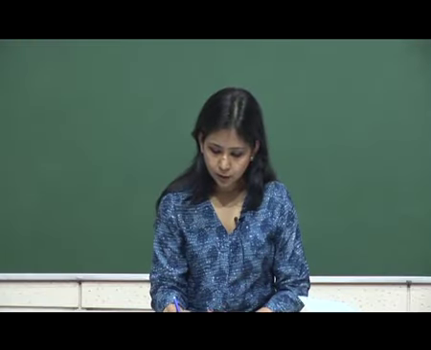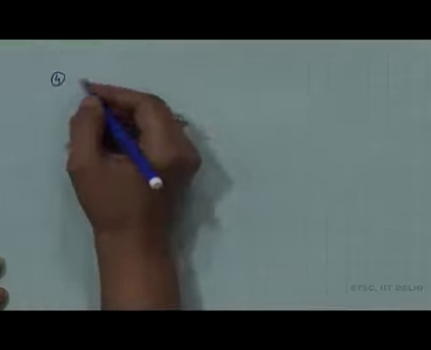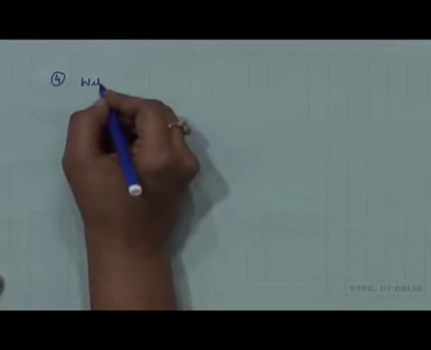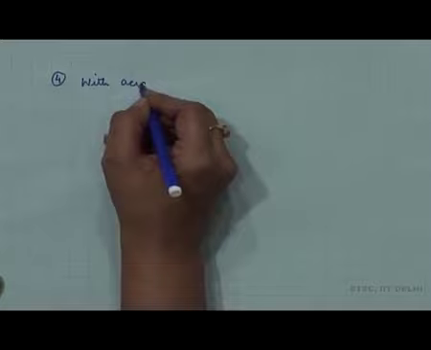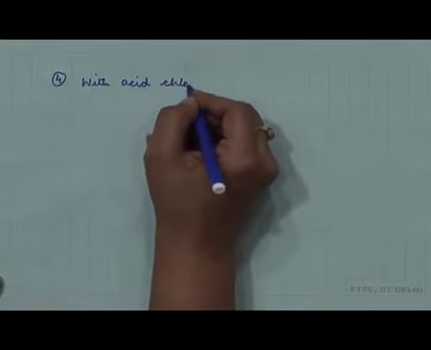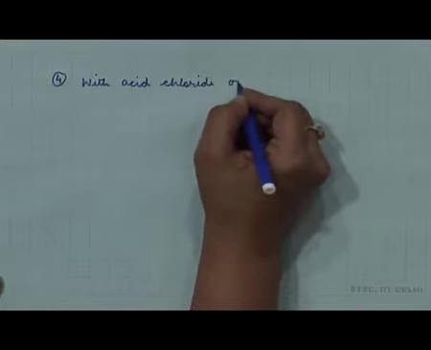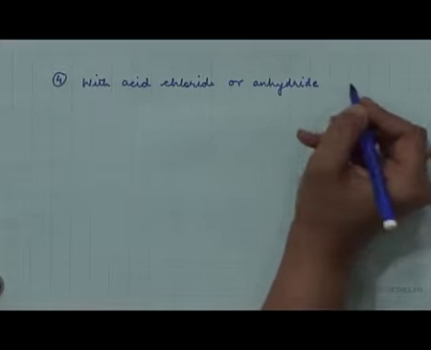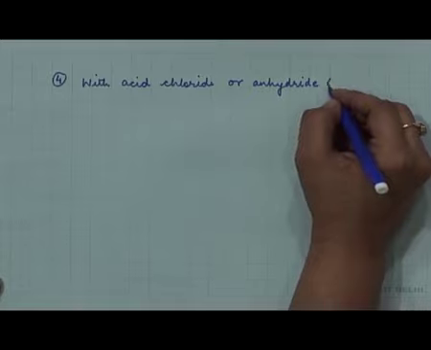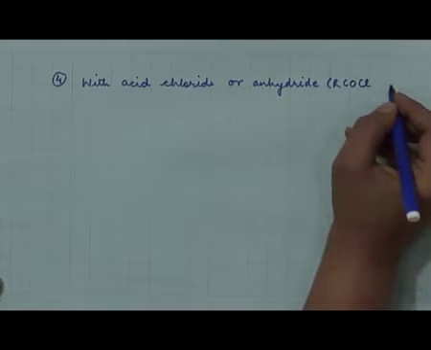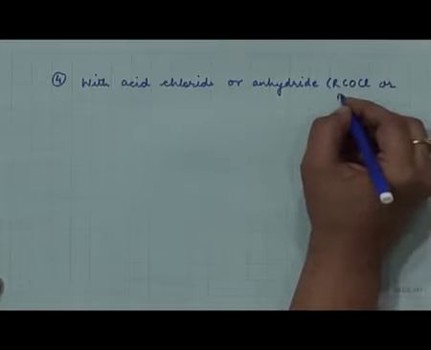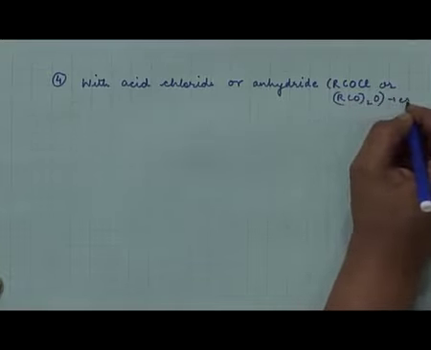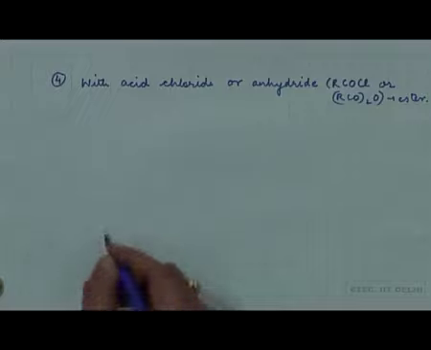Another similar reaction which furnishes the esters, but with another activated substrate of an acid, is with acid chloride or anhydride. This reaction is essentially the same which we just discussed with the acid, but in this case instead of the acid we can take acid chloride or the corresponding anhydride, and in both the cases the product which we get is an ester.